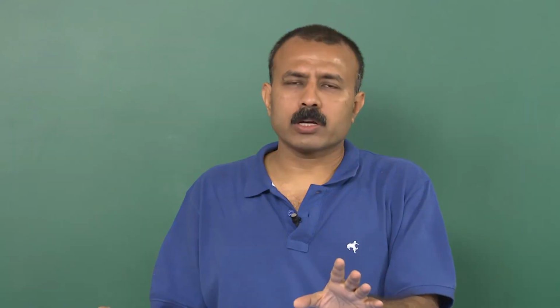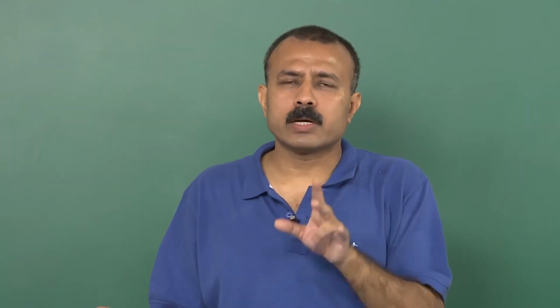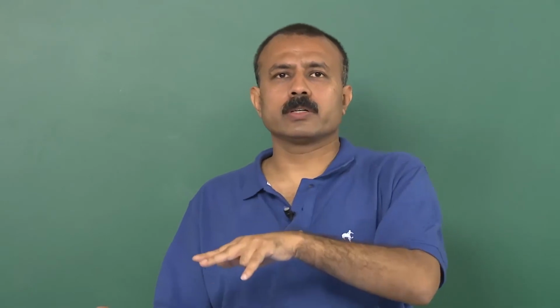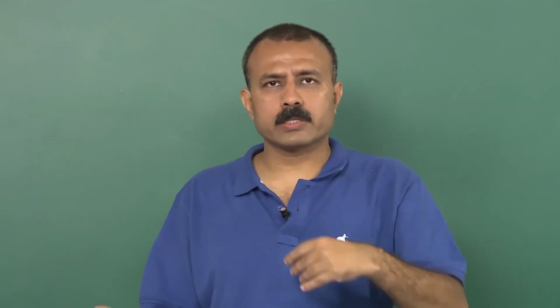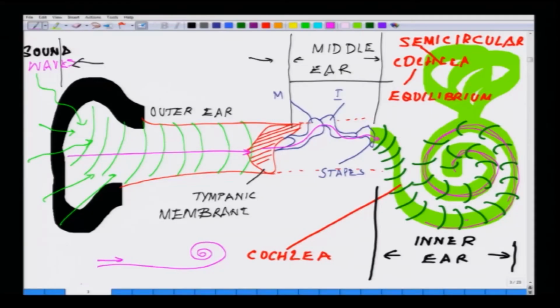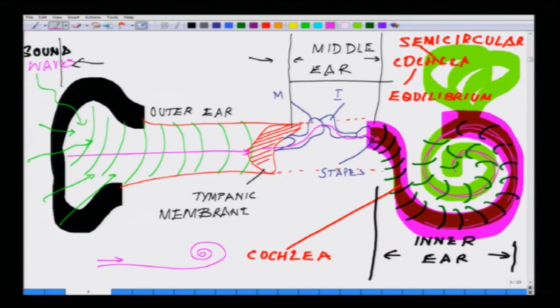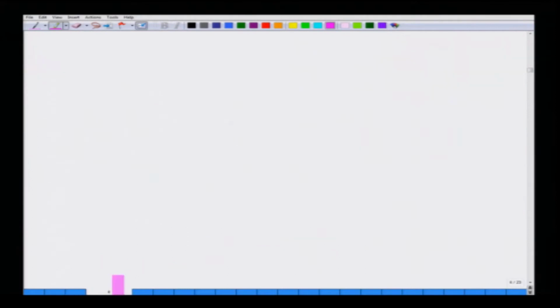Here we will be talking about the hair cells, which will be translating the sound signal into electrical signals, and all those hair cells are located all along this track out here, where the hair cells are sitting. So, let us talk about the structure of the hair cells now.